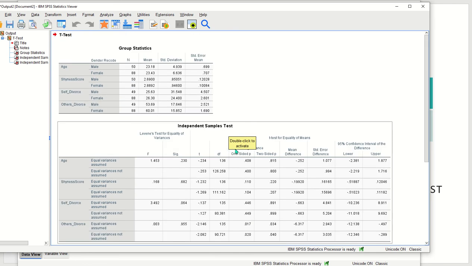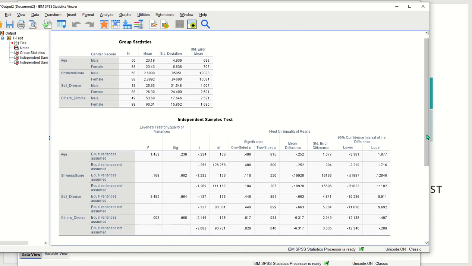Okay, so to find out if your independent samples t-test is significant, we first look in the box. So if we're looking at age, for example, you first look at the Levene's test to see if you are working with equal variances between your two groups. If this is non-significant, then you can continue along this row and look for the significance here.